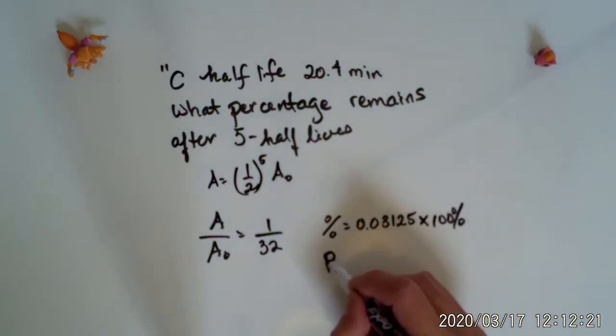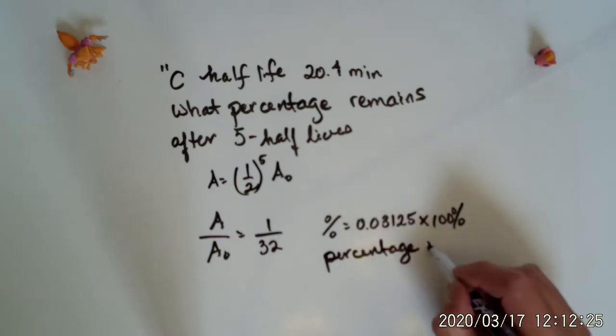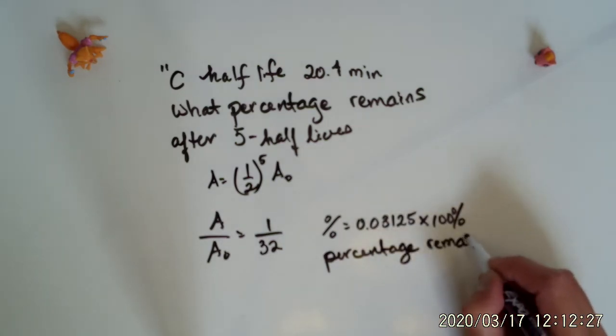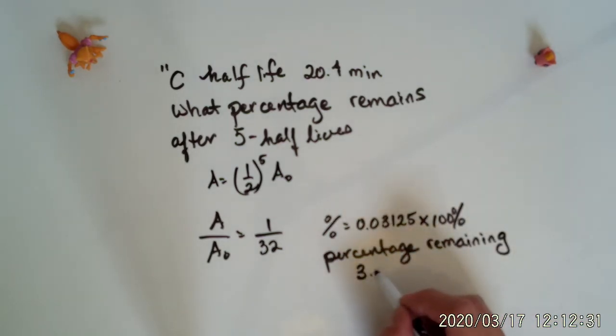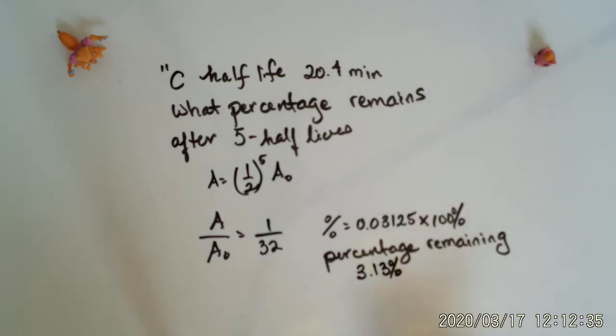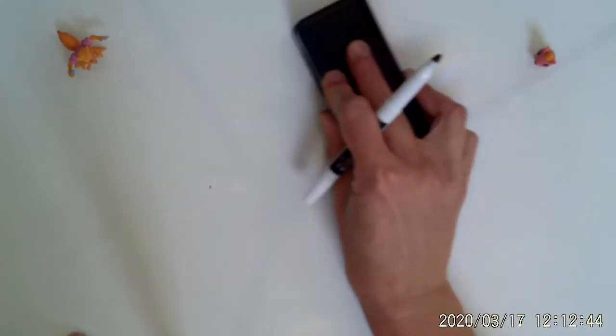So the percent remaining is 3.13%. Okay, so that's just using the property that radioactivity has a first order decay.